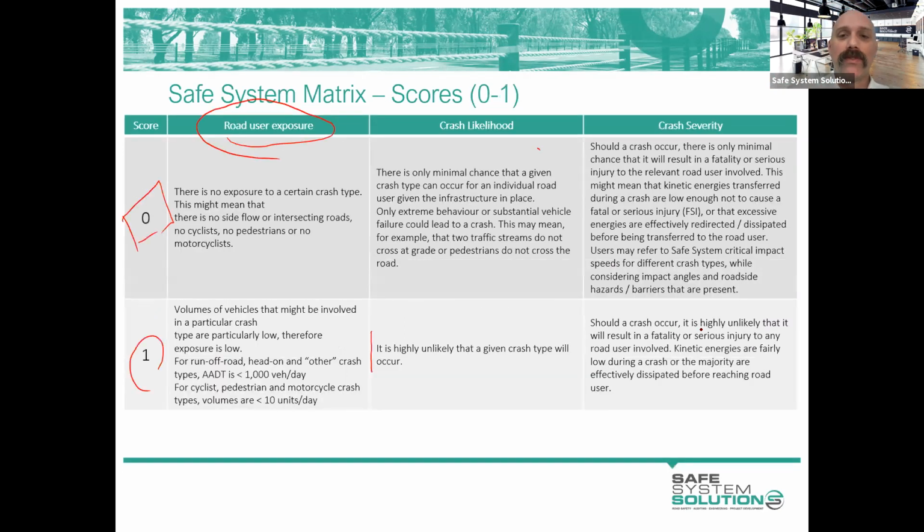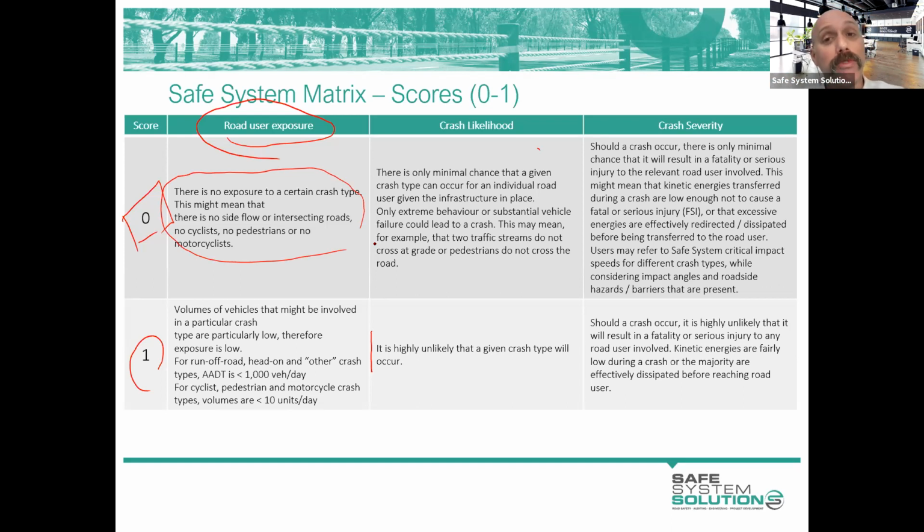If we look at the zeros, we're saying here that there is no exposure. There's no pedestrians, no cyclists, no motorcyclists, or there's no intersections. Now, it's pretty rare to do this. Maybe motorways for cyclists, maybe mid-block areas where there are no intersections.